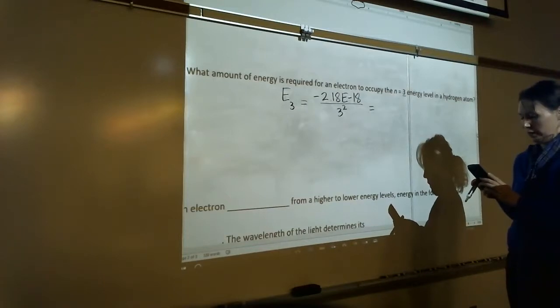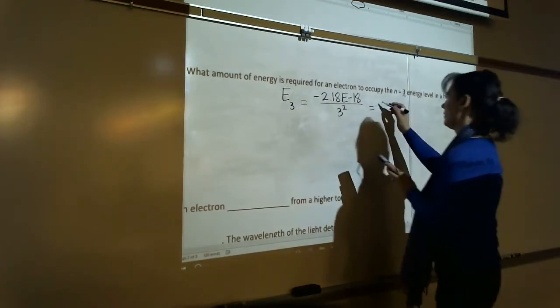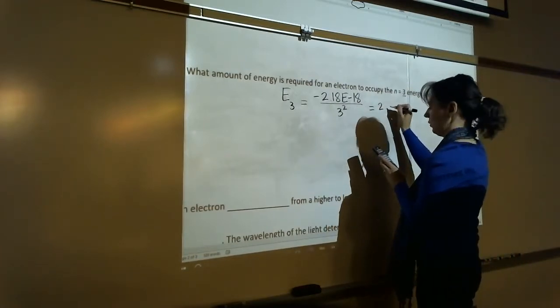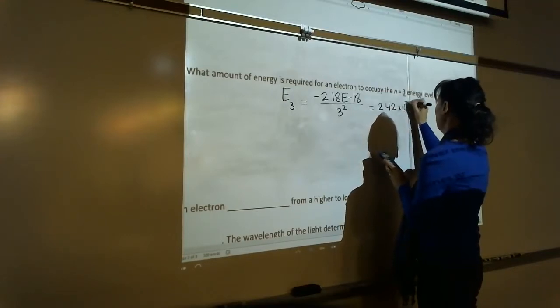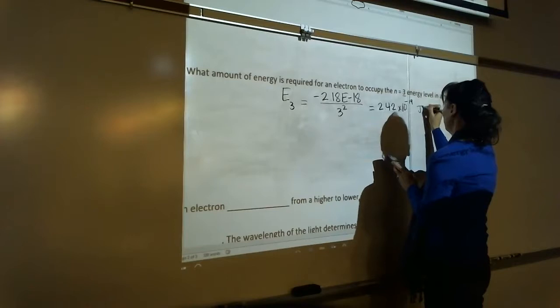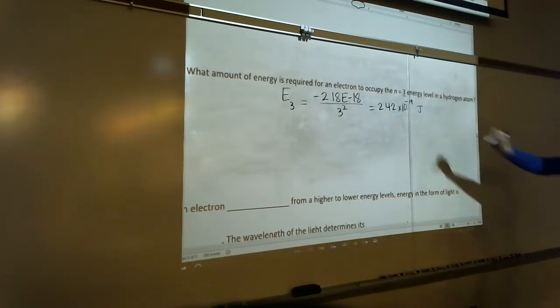So 2.18 times 10 to the negative 18 divided by 9. So that is 2.42 times 10 to the negative 19 joules. Do we agree? It would be negative. Oh, negative, yes, thank you.